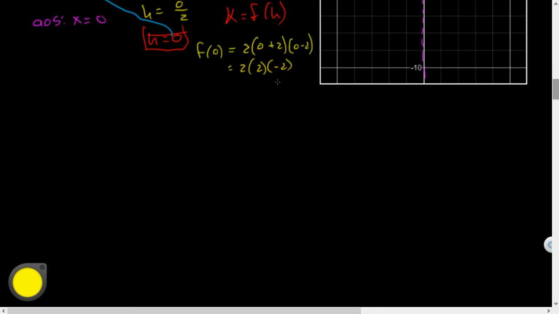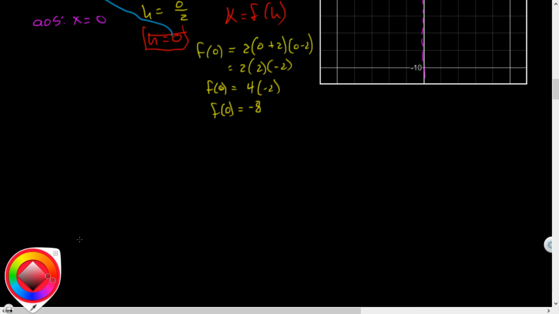Let's multiply this out using PEMDAS. So f of 0 is equal to 2 times 2 is 4, times negative 2. f of 0 is going to equal negative 8. So therefore, k is equal to negative 8.